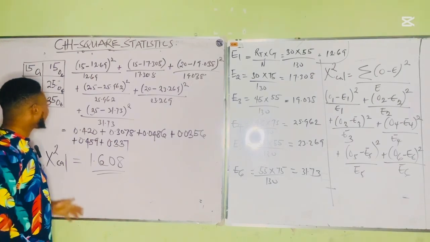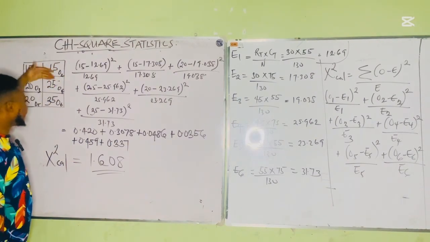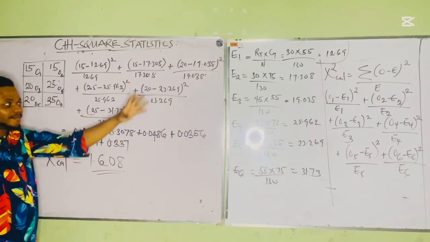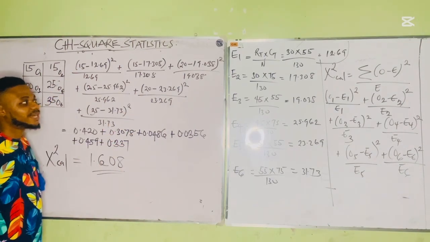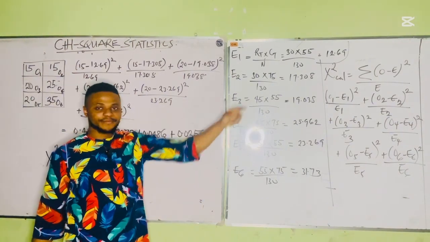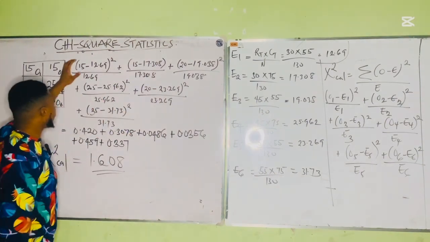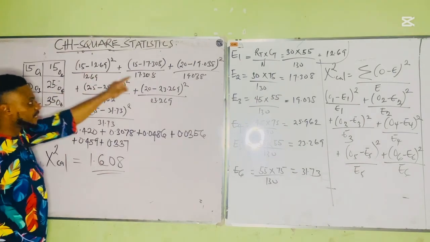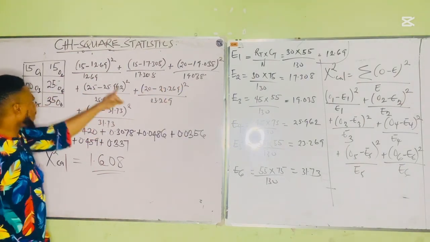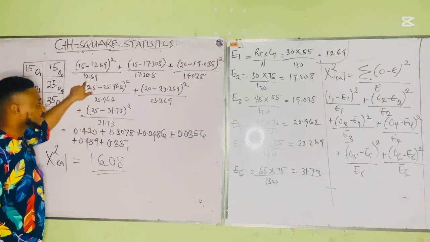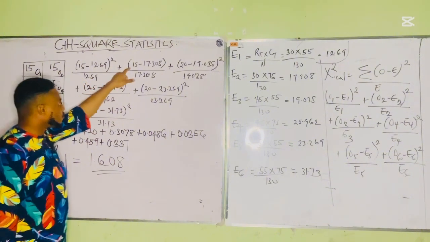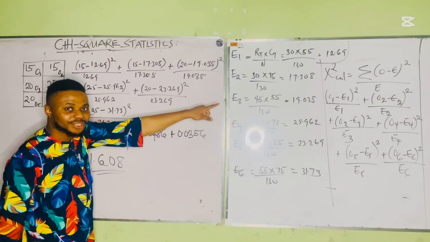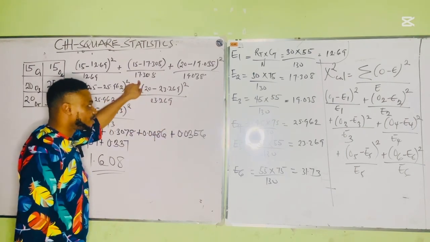So basically, this is where we display everything that has been arranged there. This is your observed value 15 minus the expected value for E1, all squared, divided by the expected value for E1. Then the O2 of 15 minus the expected value 17.308, divided by 17.308.